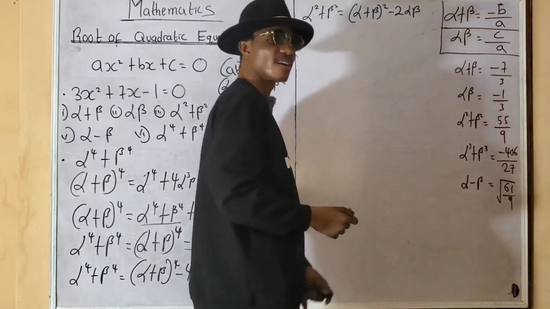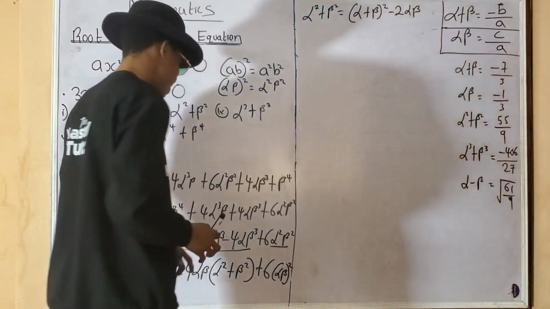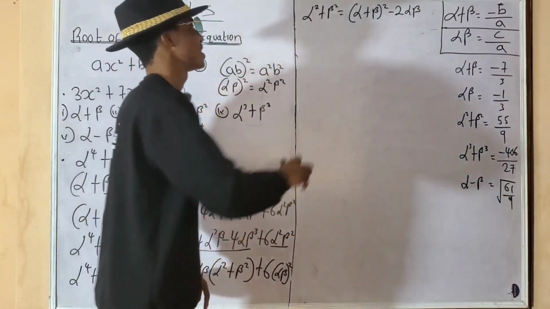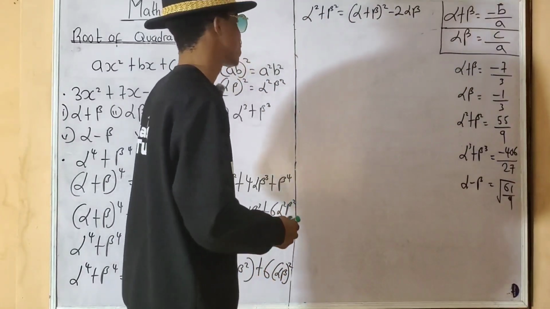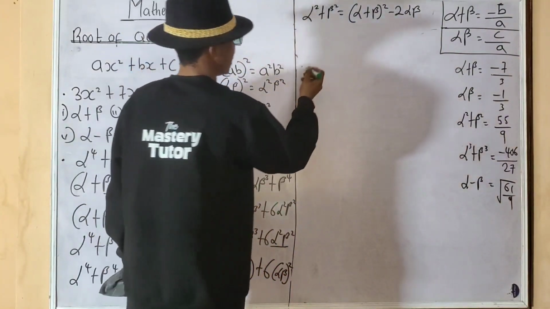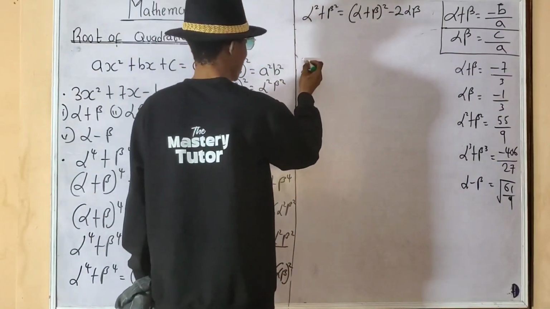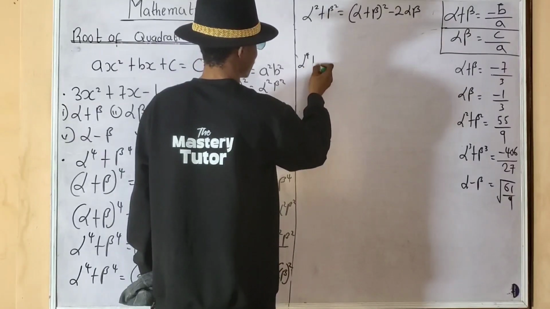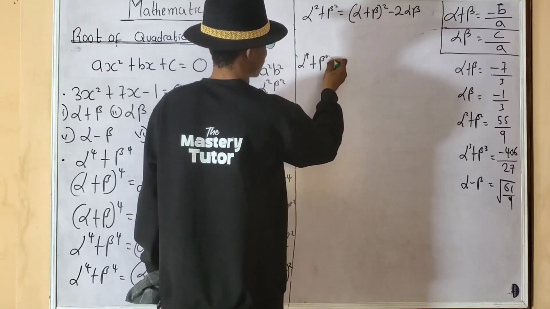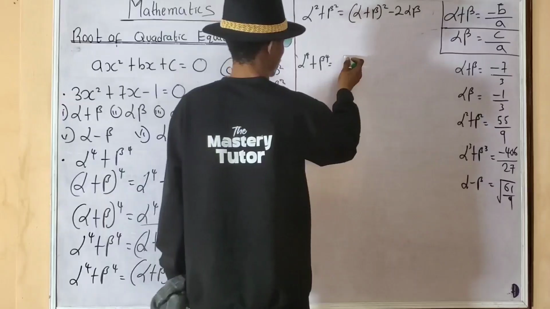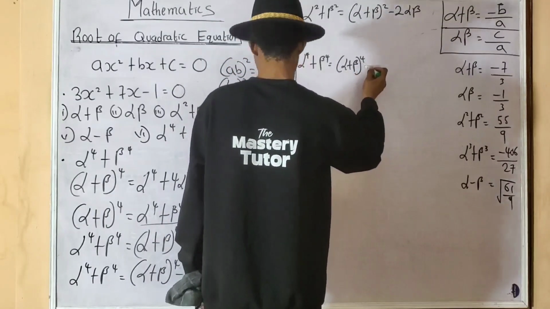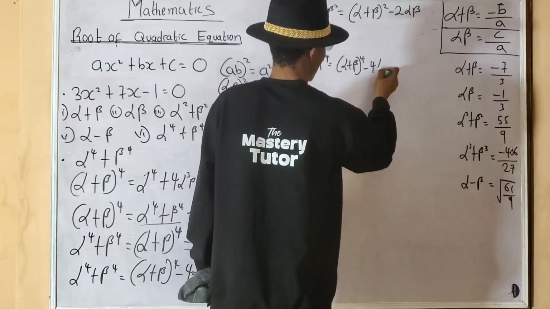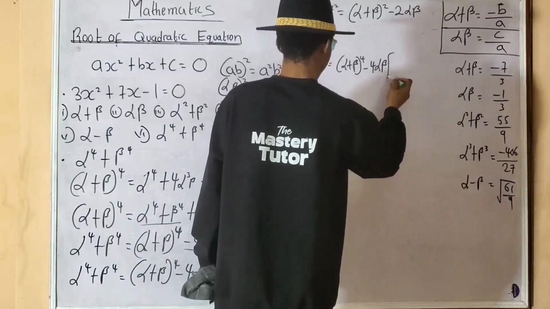Do you remember? Okay, so I'm going to replace alpha squared plus beta squared as alpha plus beta squared minus 2 alpha beta. So the equation becomes alpha raised to the power of 4 plus beta raised to the power of 4 is equal to alpha plus beta raised to the power of 4 minus 4 alpha beta, open a big bracket.